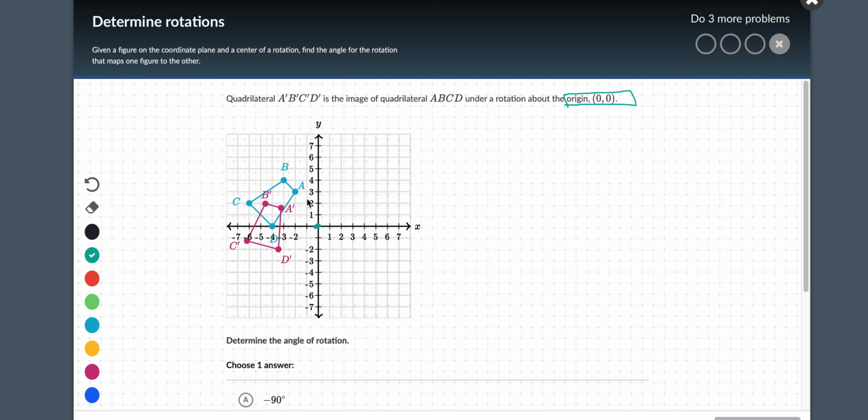But a rotation is just basically, if it happens to one dot on the shape, it'll happen to all the dots. So we only need to actually test one dot. So I'm going to test A to A prime. And A, of course, is this blue triangle, and A prime is the red triangle. So that's how much the angle is.